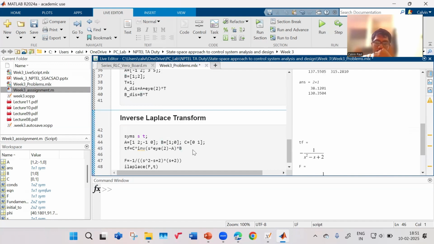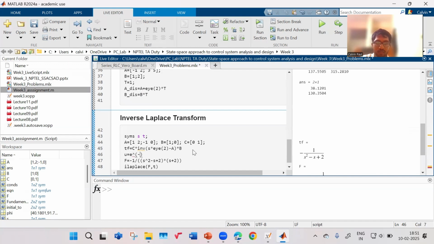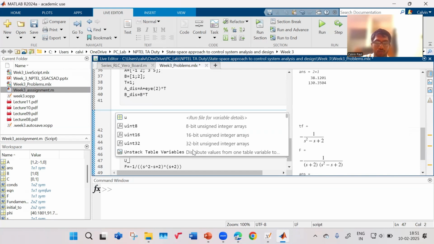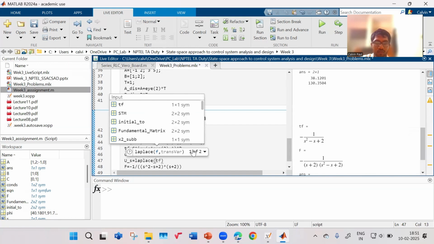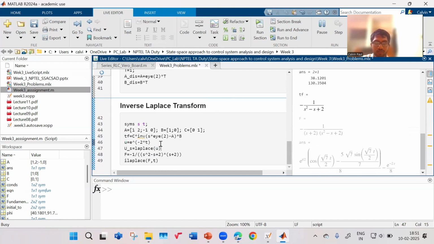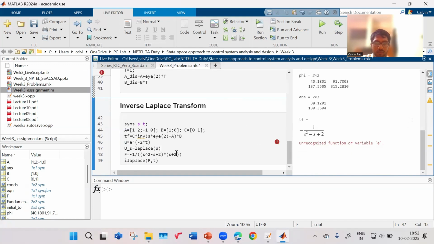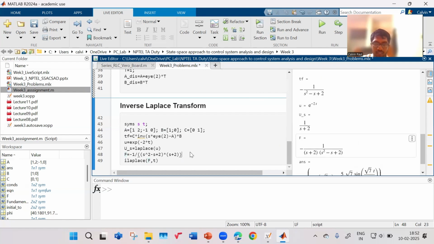And our U actually is e raised to minus 2 into t. So our U of S in Laplace domain is Laplace of U. Let's see what it comes. Oh, exponent. So run the section. So U of S is actually 1 over S plus 2, right?